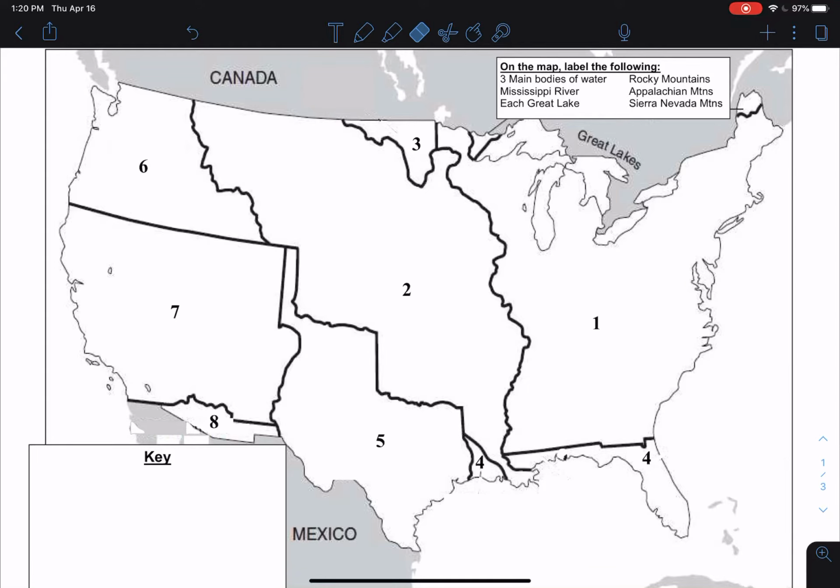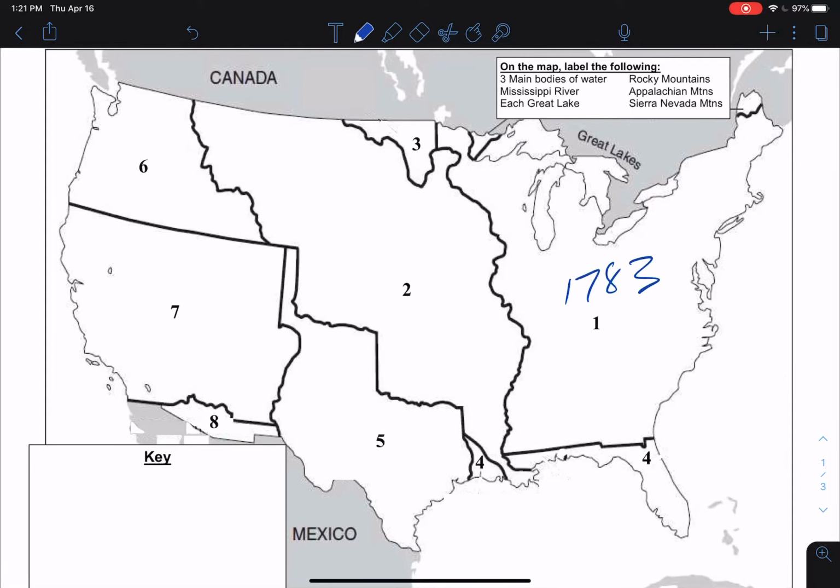Okay, so here, Territory 1, I know that we originally were able to move west after the Treaty of Paris, 1763, but we didn't officially acquire all of this territory west of the Appalachians until we defeated Great Britain in the Revolutionary War. So the Treaty of Paris, the second one, in 1783, gave us this territory, okay?